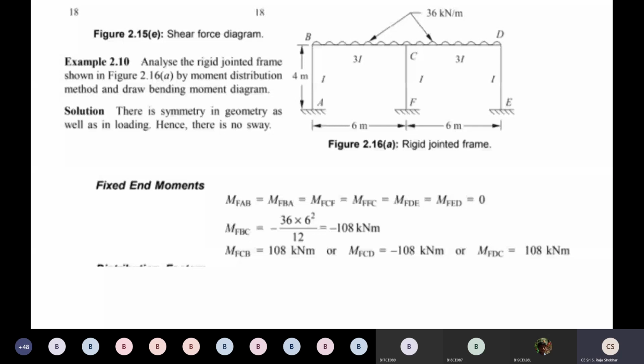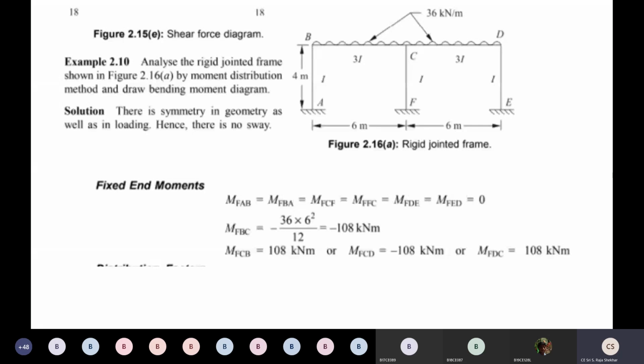First, for the analysis of any frame by using the moment distribution method, we need to calculate fixed end moments for the individual members. Here, member AB: there is no load acting. Fixed end moment is calculated for the applied load or sinking of support. Here sinking of support is not there and the load is also not there.